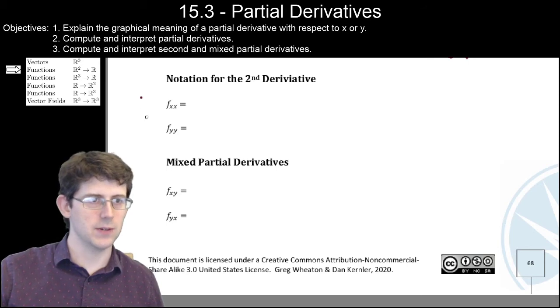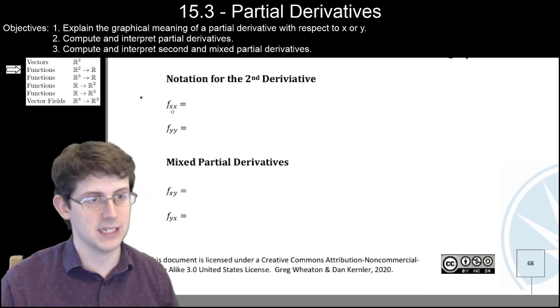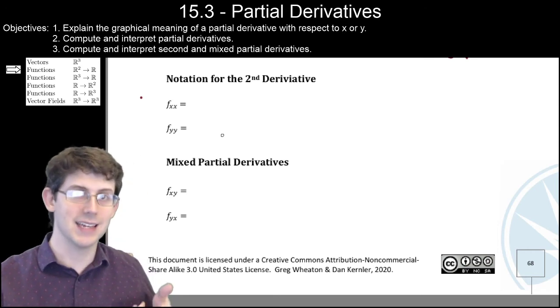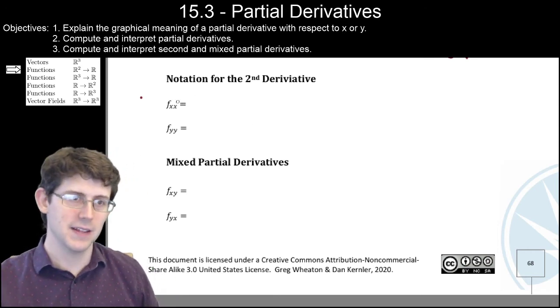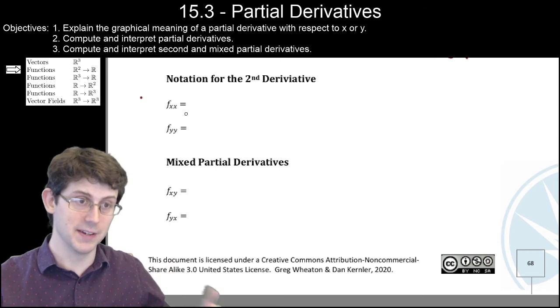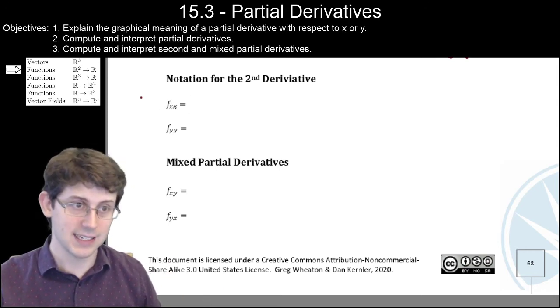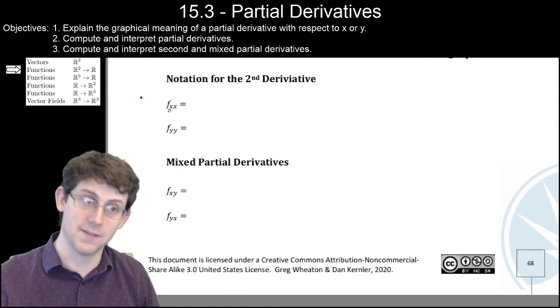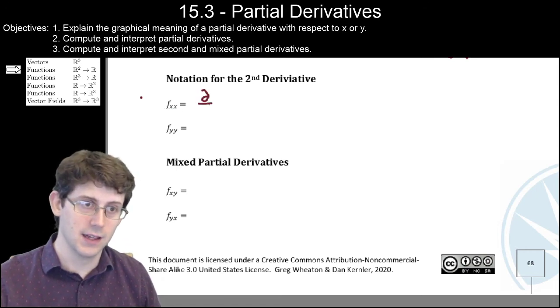Okay, so what do we do with the notation? Well, the purpose of the notation of the little subscripts, where fx is the x partial derivative of f, is that it allows us to do multiple derivatives easier. So fxx means the x partial derivative of the x partial derivative of f. So that's the x partial derivative of, so we handled this x.